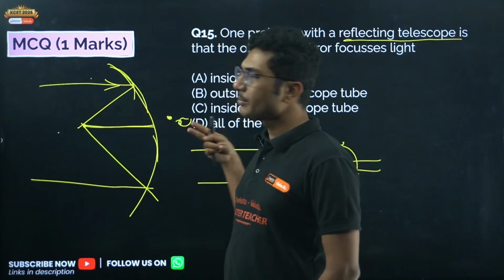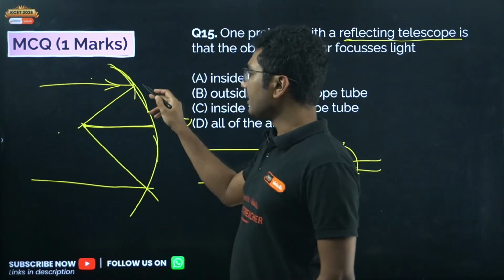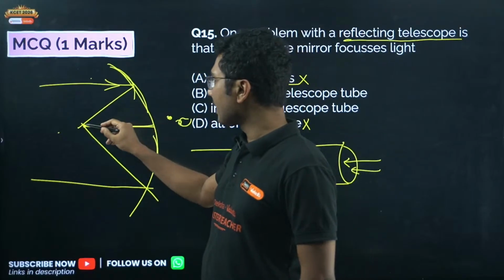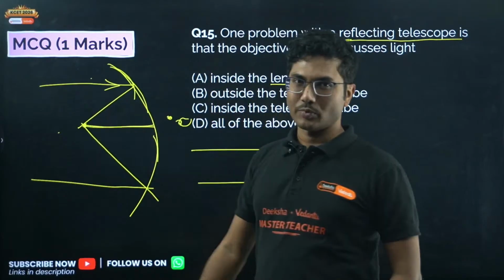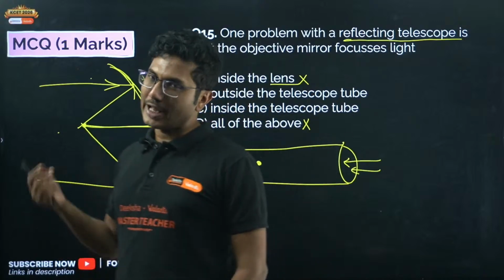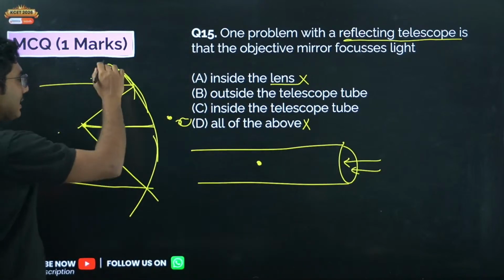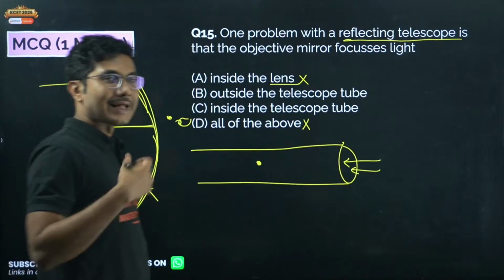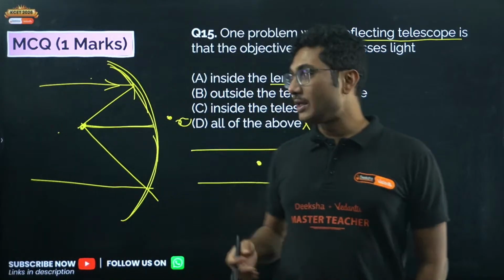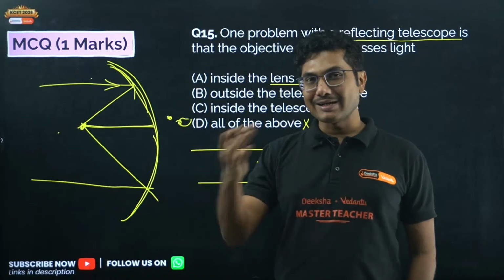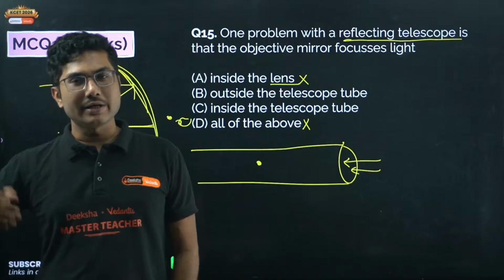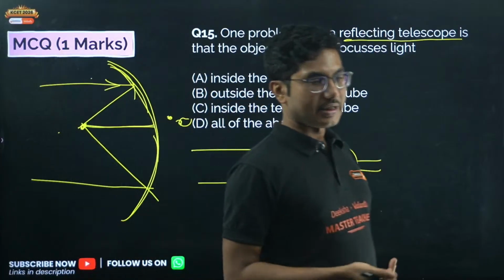The sensor can even be adjusted as well. That's why modern telescopes, radio telescopes as well as optical telescopes, always have a sensor located like this. That sensor detects the image, which is processed and sent directly to the computer, and you get the image straight away.